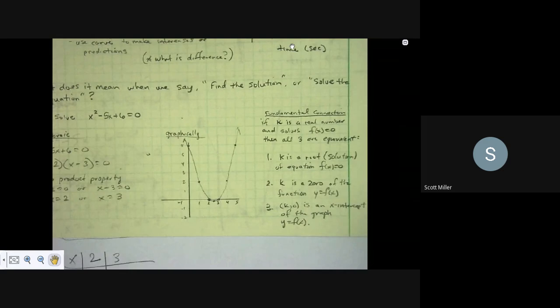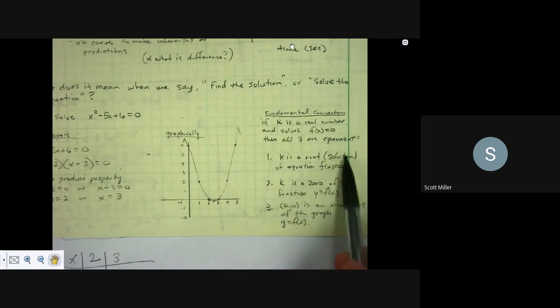If k is a real number and it solves this equation, so in other words, these two numbers are the solution to this equation over here, then all 3 of these statements are the same. That means if I have one, I have them all.